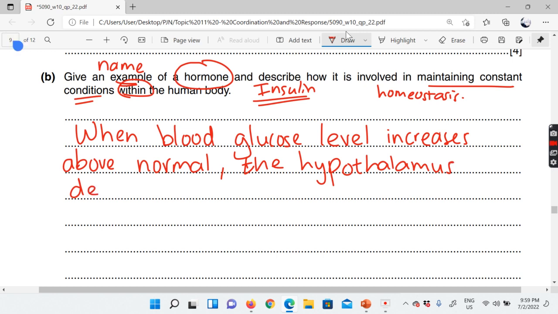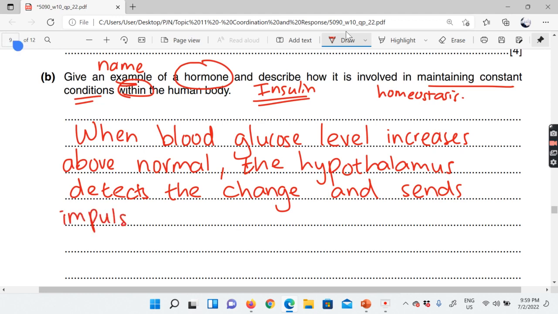That's an S. I think islets can be a small letter, so I-S-L-E-T, islets of, and then Langerhans is the capital.